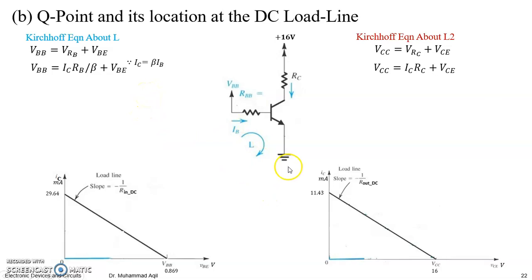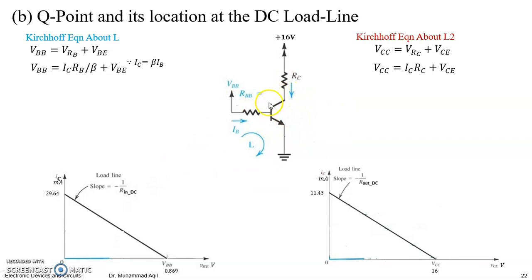So if you have been given the basic parameters, the IS of this transistor, besides the beta you are already given as 300, and VT and VA.